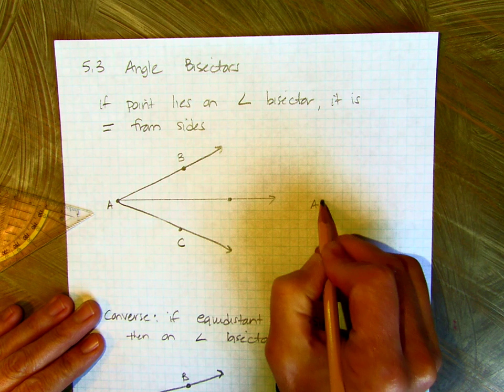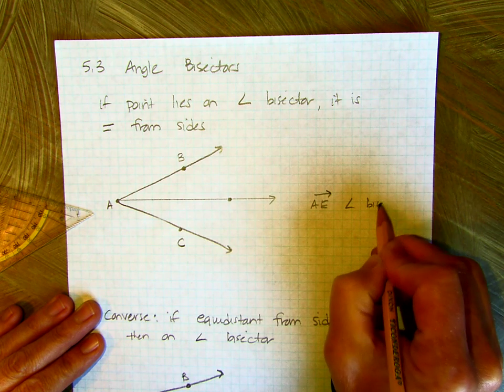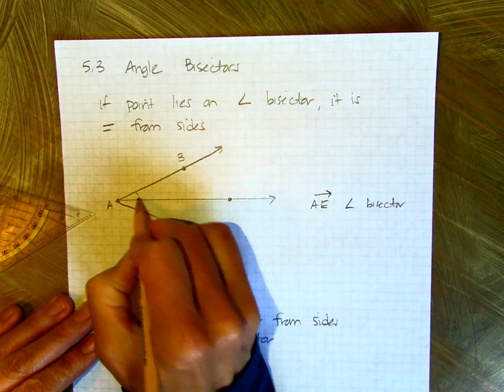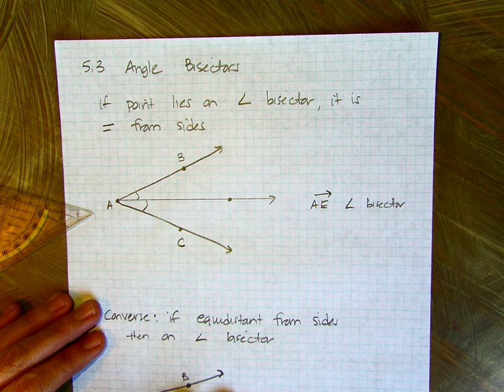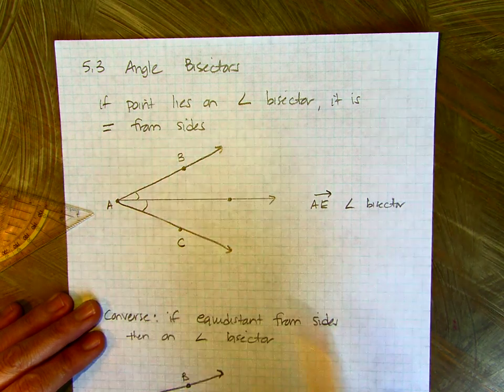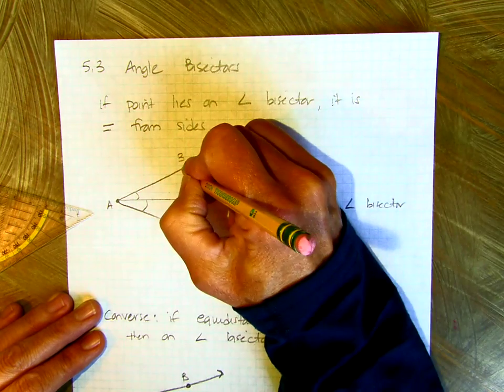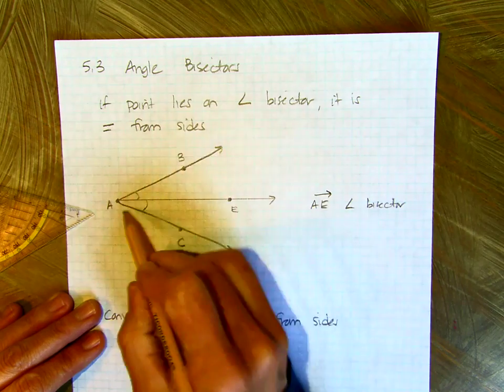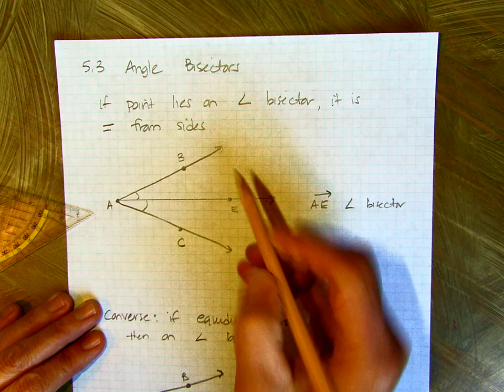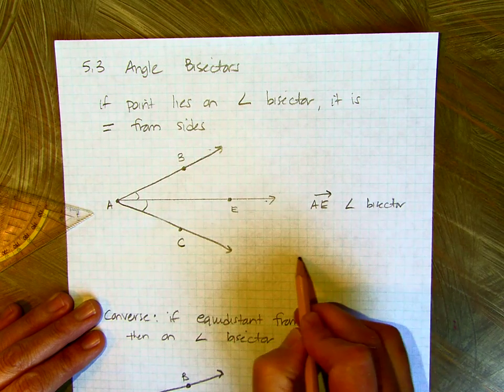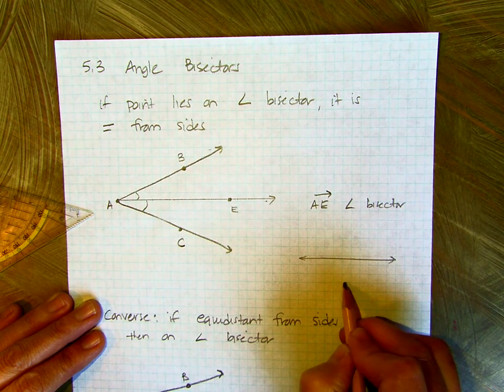I'll call it AE. AE is the angle bisector. How would I know it's the angle bisector? That is congruent to that. It's cutting the angle in half. And if a point lies on the angle bisector, then it is equidistant from the sides. So if I take any point on here, it's the same distance from AB as it is from AC.